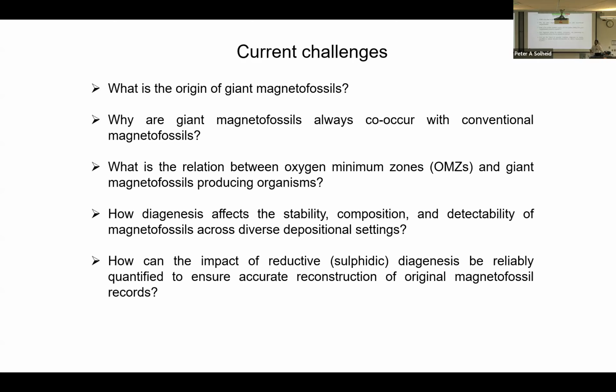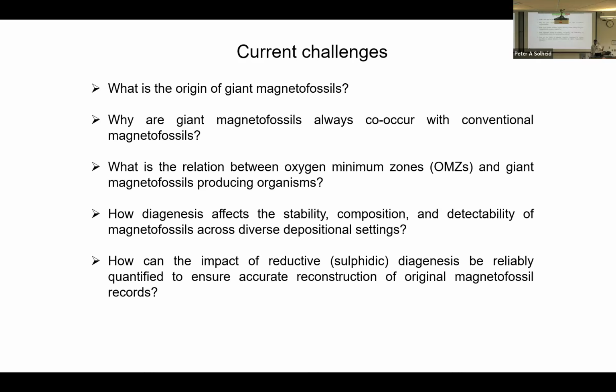Let's say for the shelf regions, because of the more organic matter, one would expect more reducing conditions in a sediment core, compared to the deeper water where we have less organic carbon.